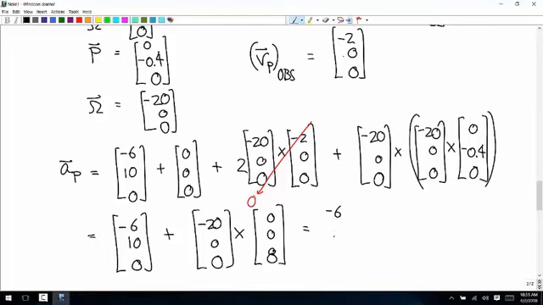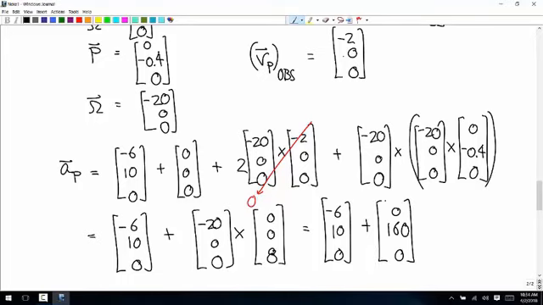And so that's negative 6, 10, 0 plus positive 160 for y. And so the total acceleration is negative 6, 170, 0 meters per second squared.